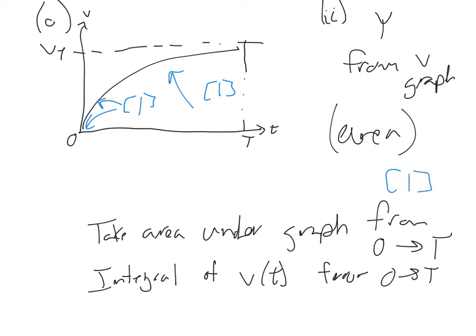Just say area, and boom, you got your answer. One quick correction. You got one more point in this part with the graph for labeling VT and T. So this was a 3-point question, while part 2 was only 1 point.